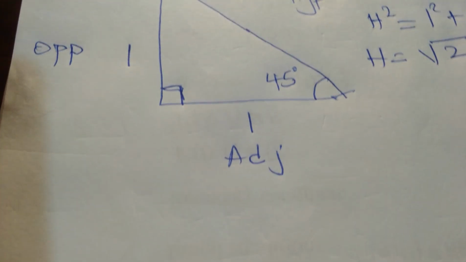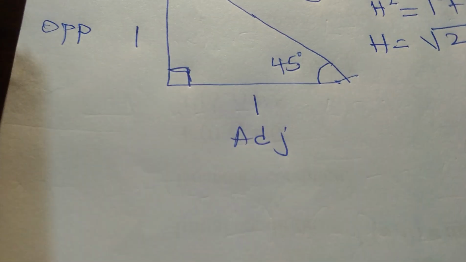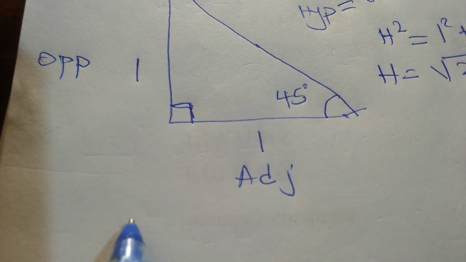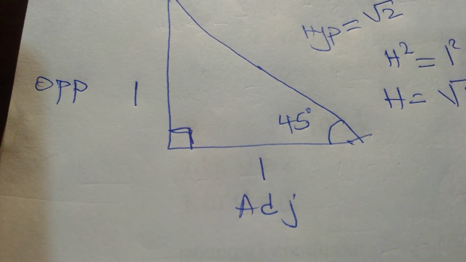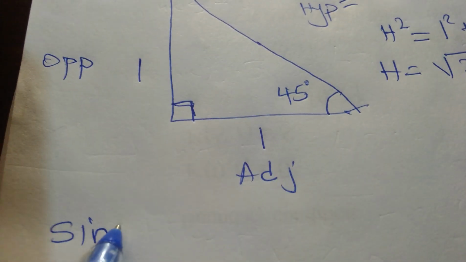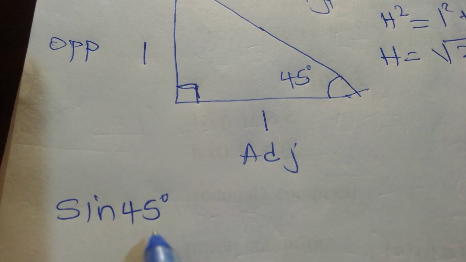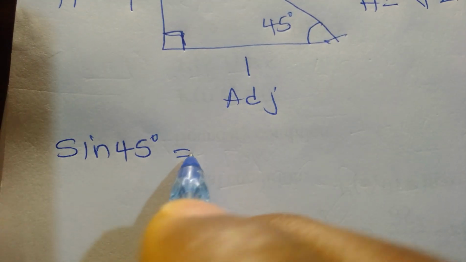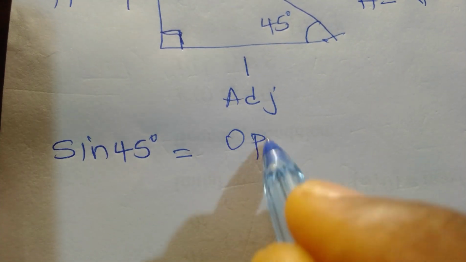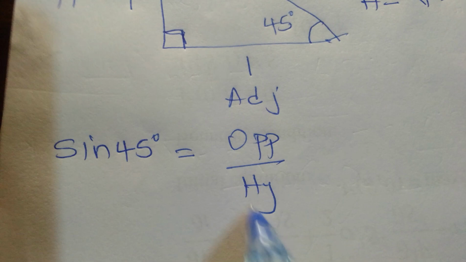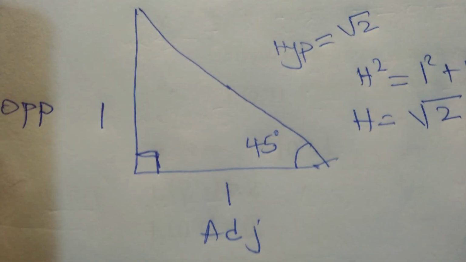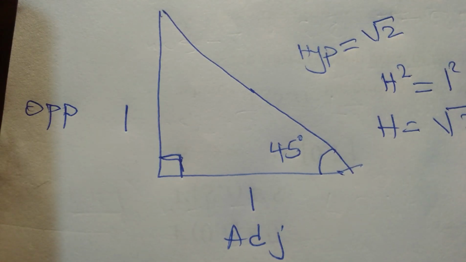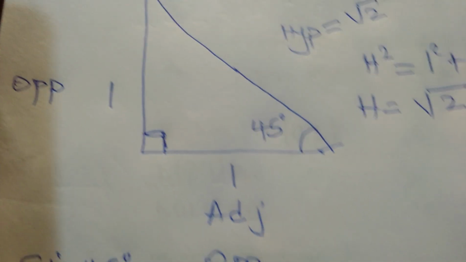With this, we can go ahead now to obtain the six trig functions of this angle 45 degrees. Beginning with sine 45 degrees, which is opposite over hypotenuse. From the diagram, the opposite side is 1 and the hypotenuse side is root 2.